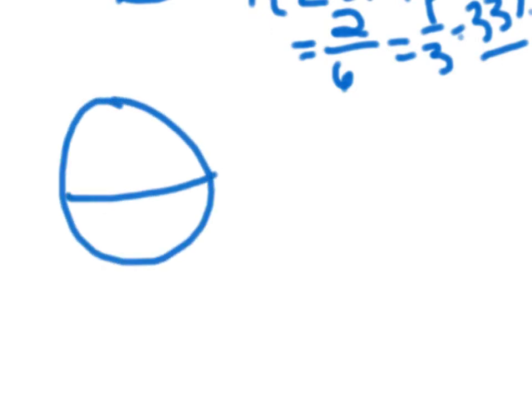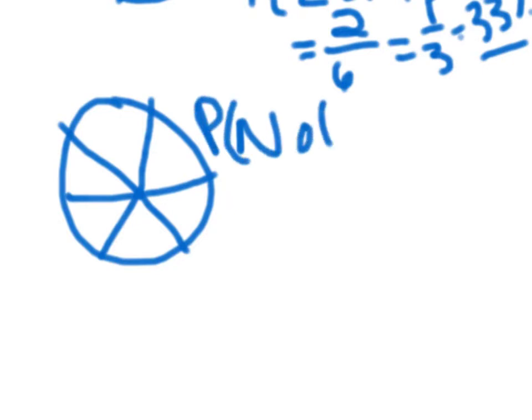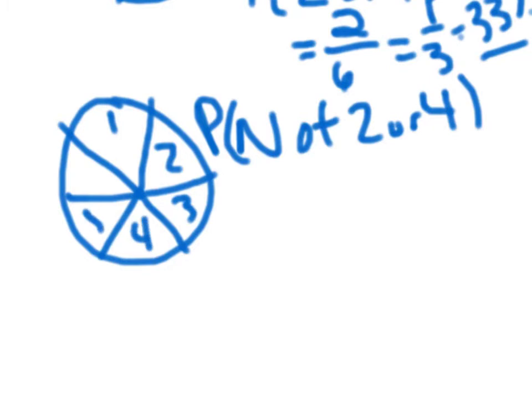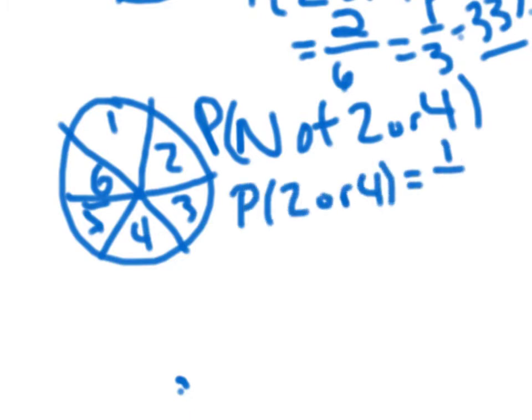Okay, so let's find the probability. This is going to be an example of a complement. Again, with the 1 through 6, the probability of not landing on a 2 or 4. Well, if you look at the probability of 2 or 4, it was 1/3.